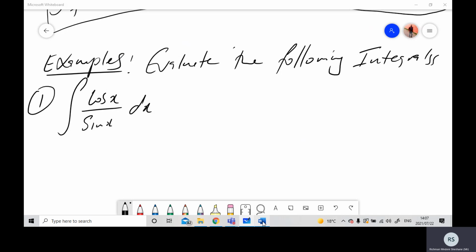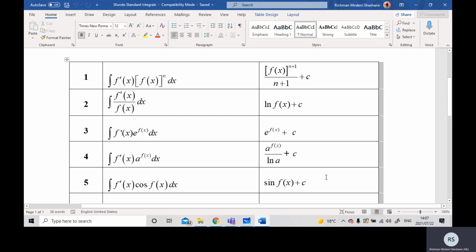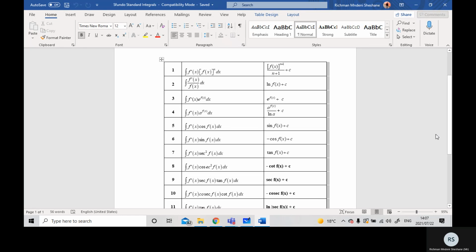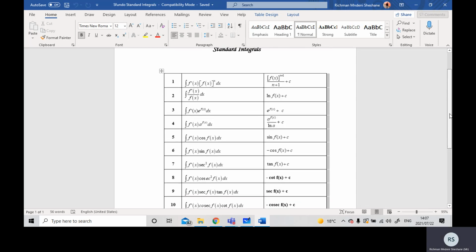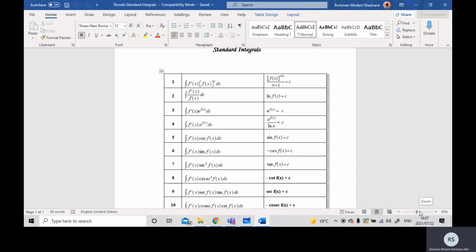Okay, let's go back to the standard integral formulas. You see, out of all these standard integrals, number 2 is the only one that is a fraction.